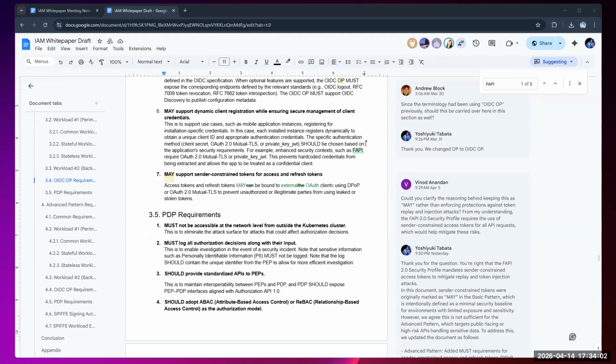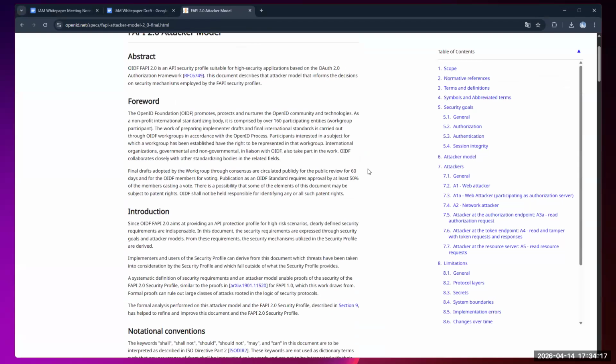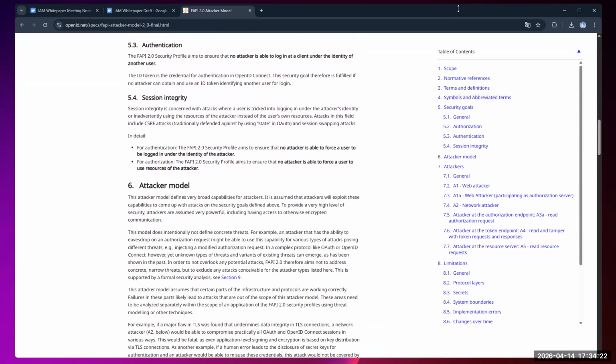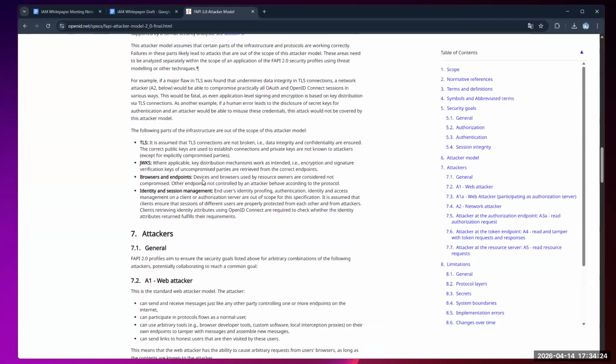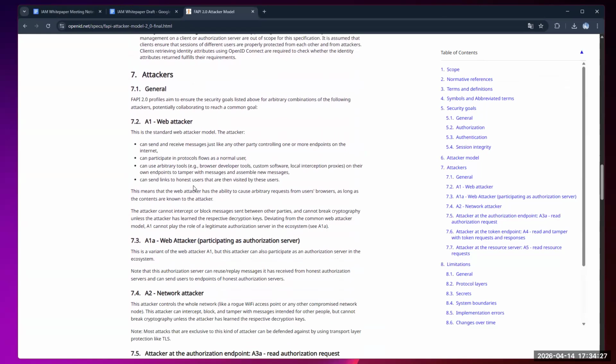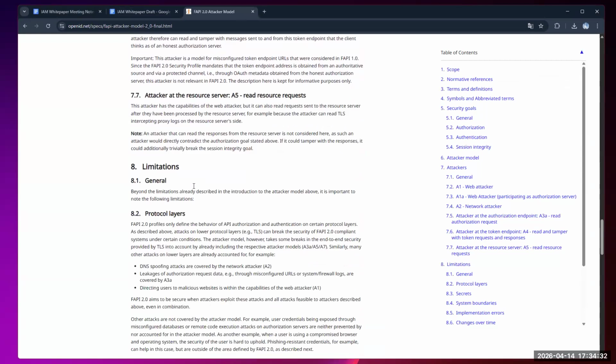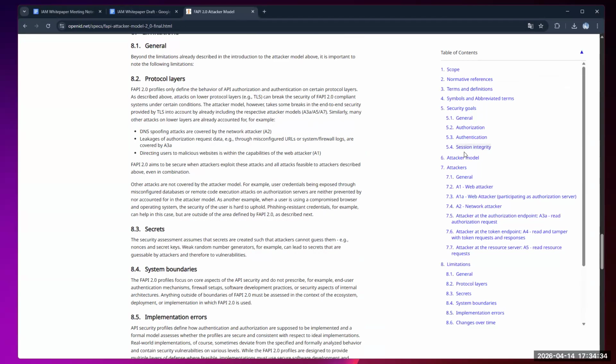I know the FAPI 2.0 attacker models are defined, but actually, we didn't define the attacker model in this white paper.